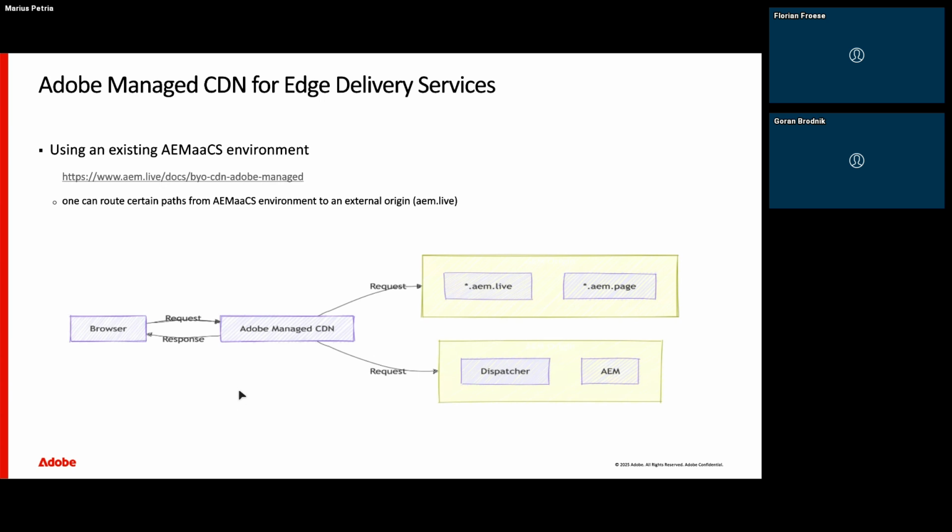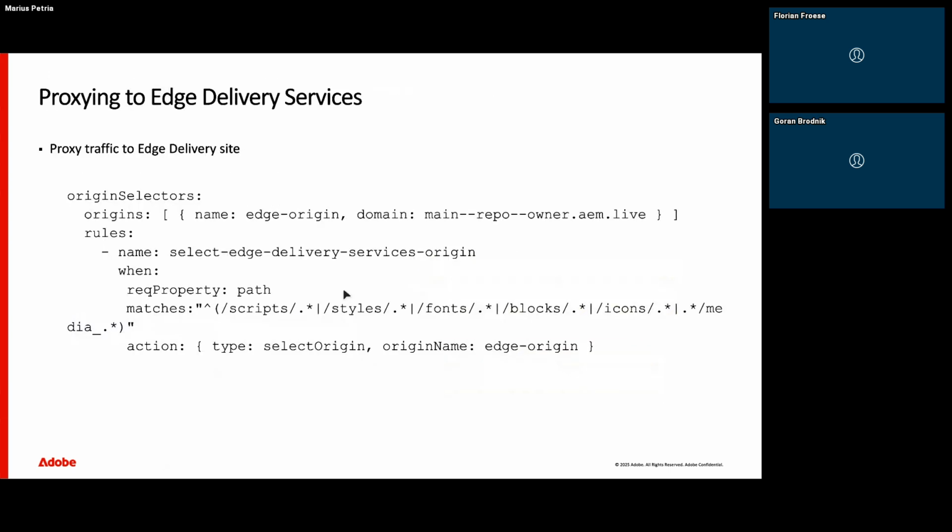Here is a diagram that shows how this will look for proxying some of the requests to AEM Cloud Service environments with dispatcher and AEM, but other requests to AEM Live.